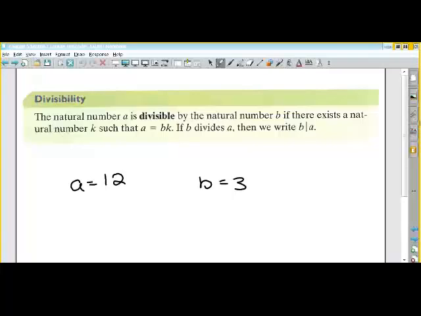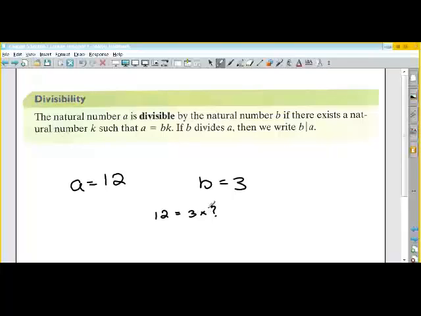So what this says is A is divisible by B if there exists a natural number K such that A equals B times K. So if we put A in there, we would say 12 is equal to 3 times some other natural number. Well, hopefully we'd say, 3 times 3 is 9, so that doesn't work out.